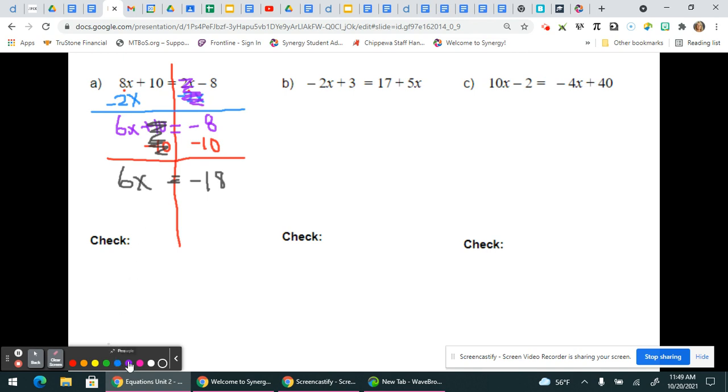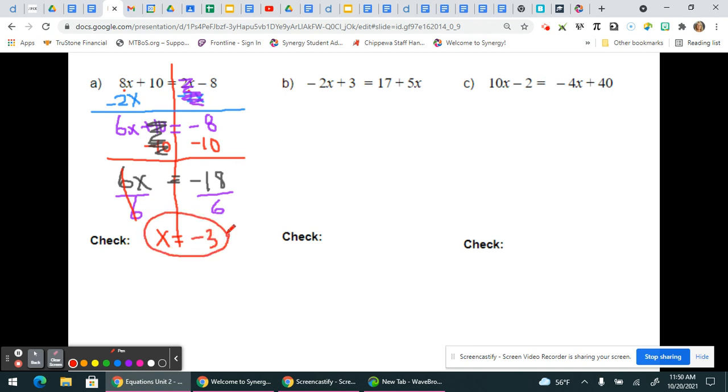I'm going to divide by 6 on the left. Then I'm going to divide by 6 on the right. So divide by 6, divide by 6. So here, my 6 divided by 6 is going to cancel. 6 divided by 6 is 1x, or plain old x. So x is equal to negative 18 divided by 6. Negative 18 divided by 6 gives me a negative 3.